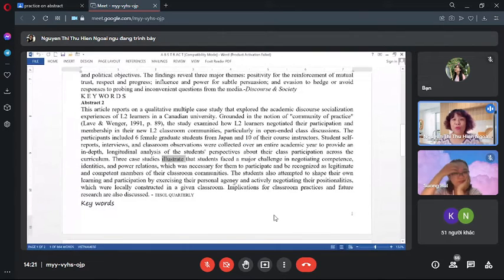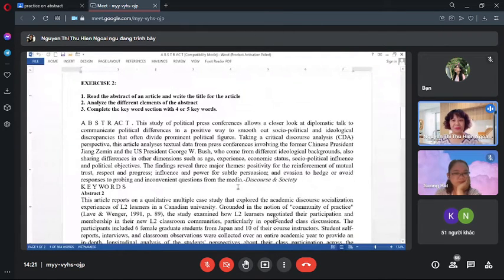Right? Or for example, just have a look at this one. And what verb, what tenses do you use here?